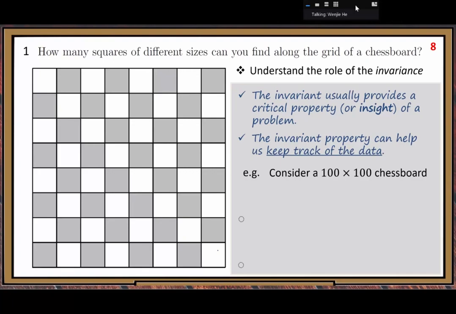Now the question: we want to count the number of squares of different sizes in this big chessboard. I do not ask you the total number of squares. I only ask you for one category. How many squares are of the size 37 by 37?